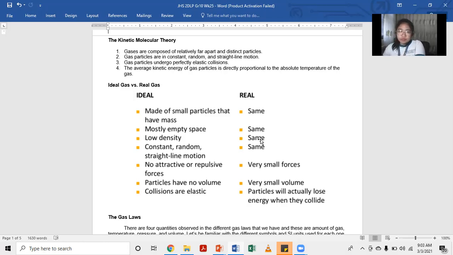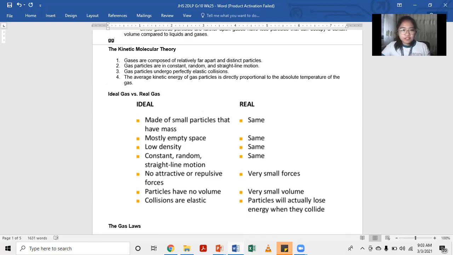So yun yung pinagkaiba ng ideal tsaka real gas. Okay. Dagdag ko na lang din: ideal gas is one with negligible molecular volume and with molecules that are relatively far apart, resulting in negligible attraction.